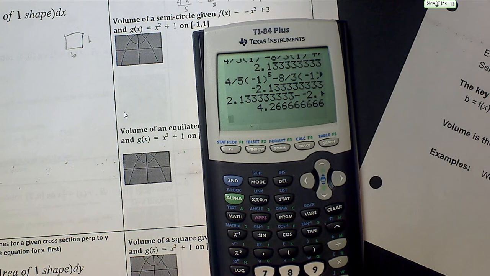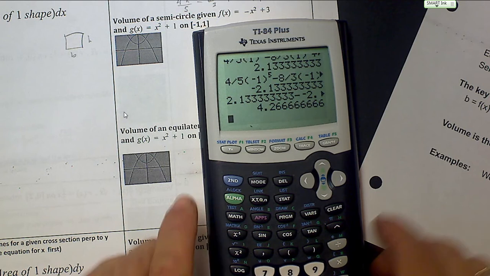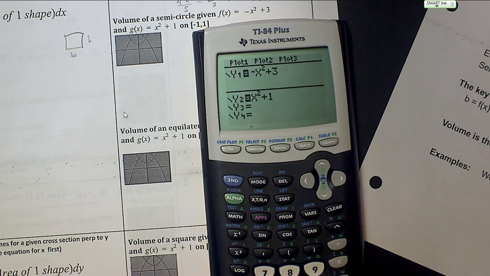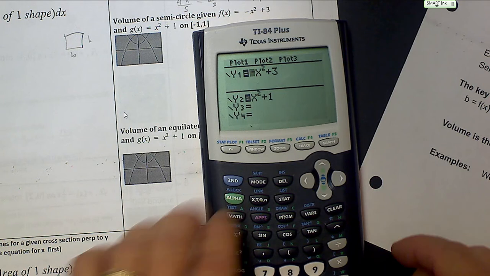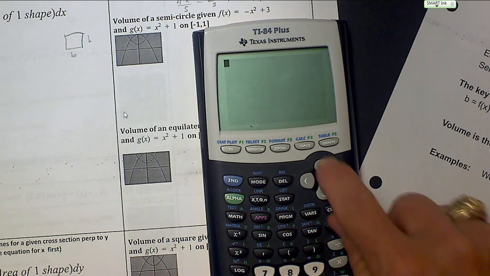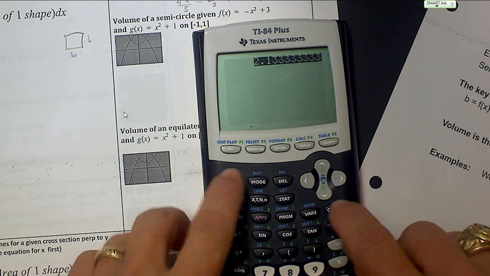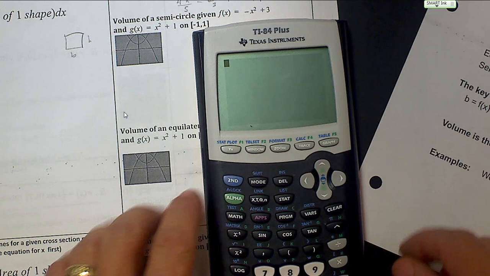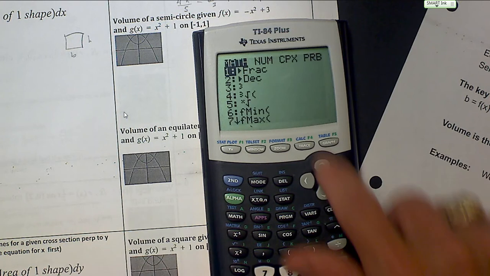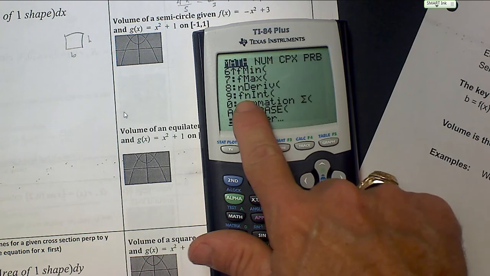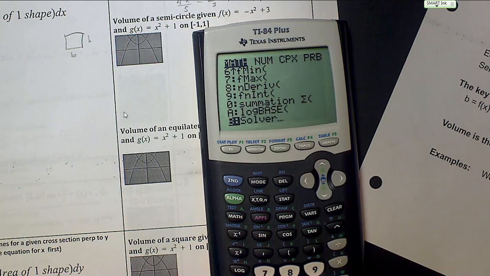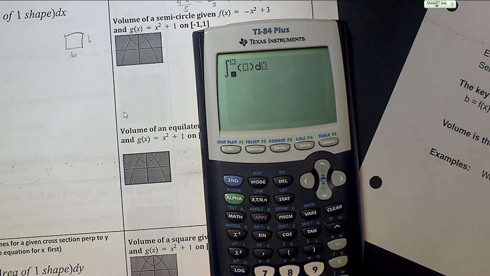Now, how do you type it in my calculator? The easiest way to do it is to go to y1 and y2 and plug the equations in. And then from a blank screen, math 9, or go to the bottom and look for fnInt, math 9, from -1 to 1.